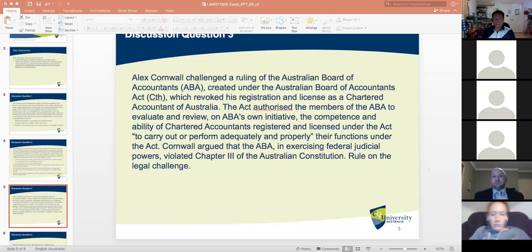The Act authorised the members of the ABA to evaluate and review on the ABA's own initiative the competence and ability of chartered accountants registered and licensed under the Act to carry out or perform adequately and properly their functions under the Act. Cornwall argued that the ABA, in exercising federal judicial powers, violated Chapter 3 of the Australian Constitution. Rule on the legal challenge. Thank you. Thank you, Kim.